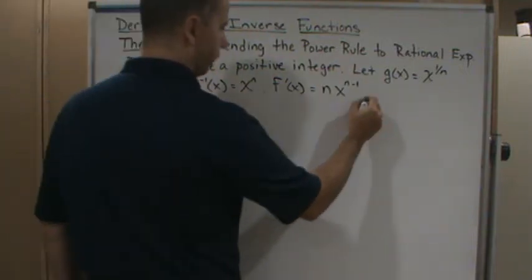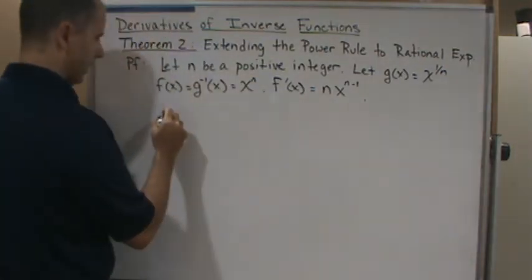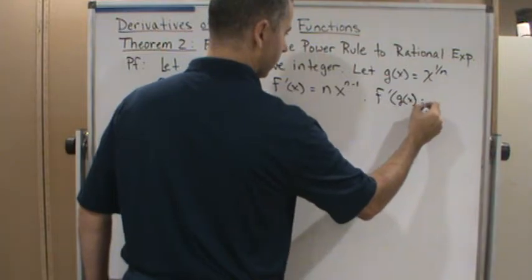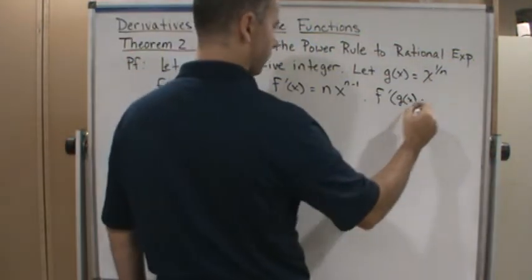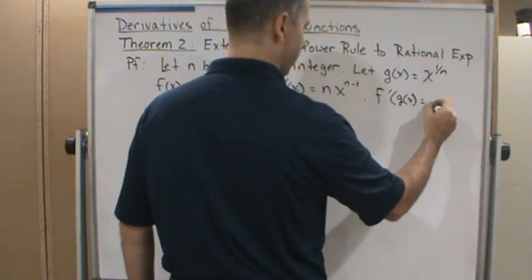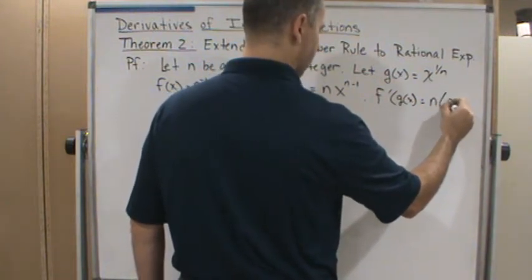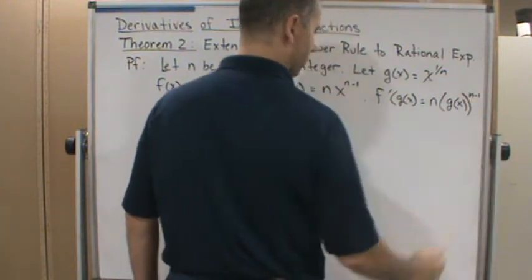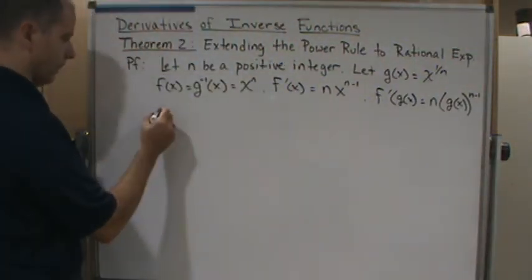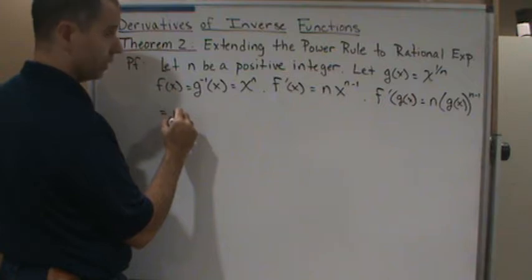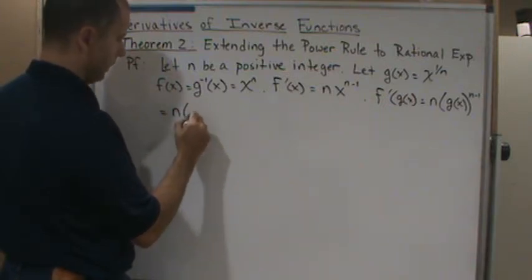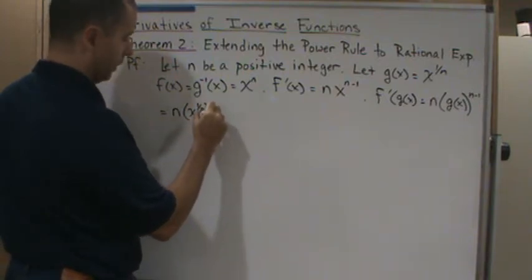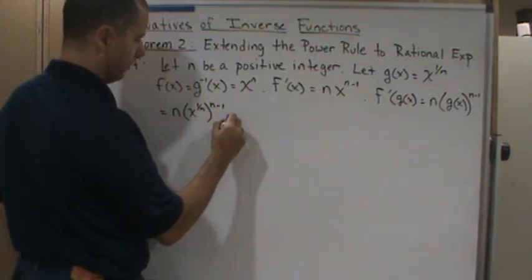And so then if we put in g of x, what do we get? We get f prime of g of x equals n times g of x to the n minus 1 power, which then equals n times x to the 1 over n raised to the n minus 1 power.